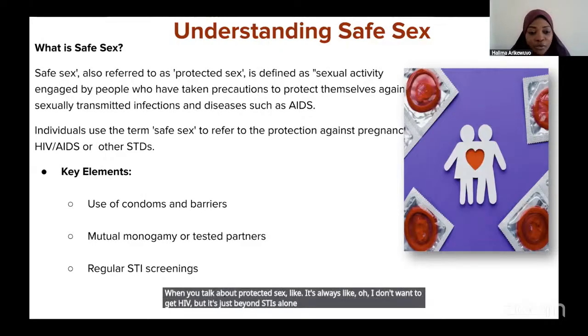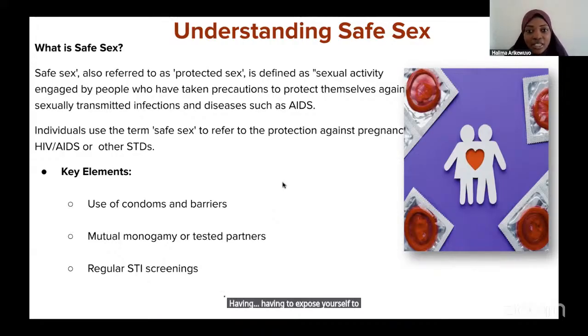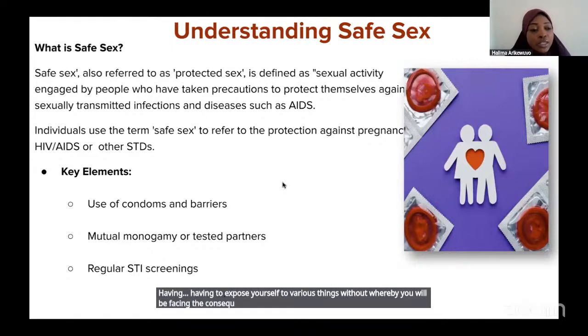It's about preventing pregnancy, it's about making an informed decision, it's about taking your decision into your own hands, and not just exposing yourself to various things whereby you will be facing the consequences of all of this action.